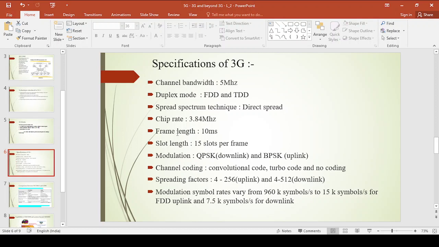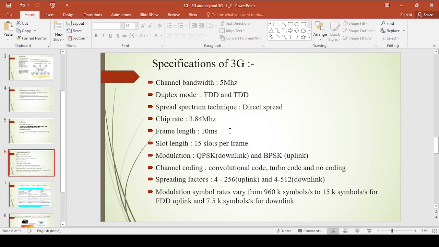The channel is divided into a number of frames. The frame length is 10 milliseconds, right? And the slot length: each frame will contain 15 slots.